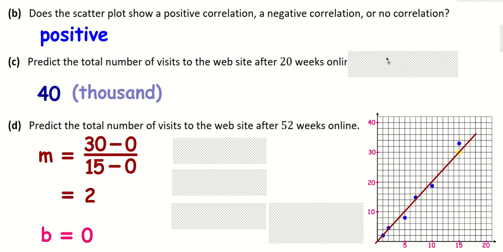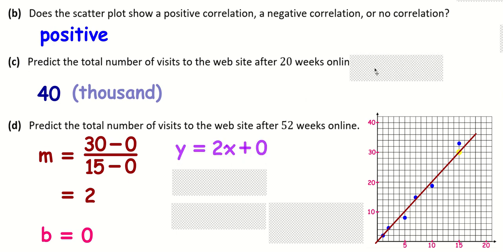And then along with the y-intercept of 0, that allows me to write the what? The equation. y equals mx plus b. If you know m is that and b is that, there's my equation, which you don't really need the plus 0. You can just scratch the plus 0, and there's my equation, okay?